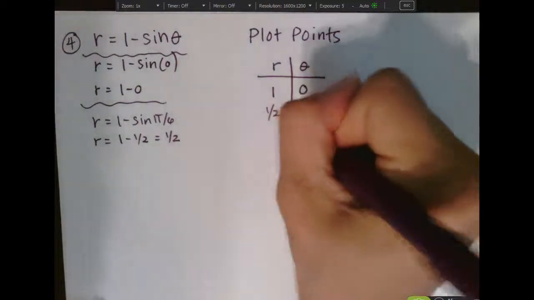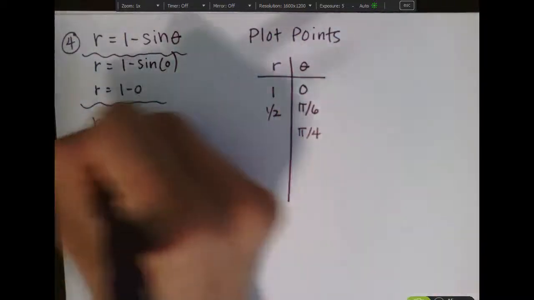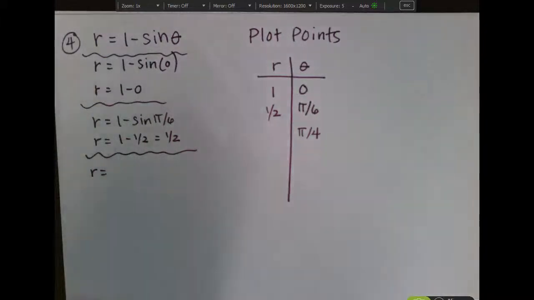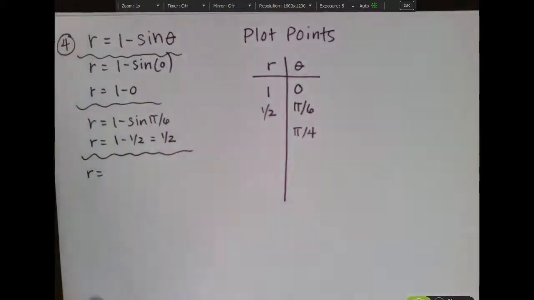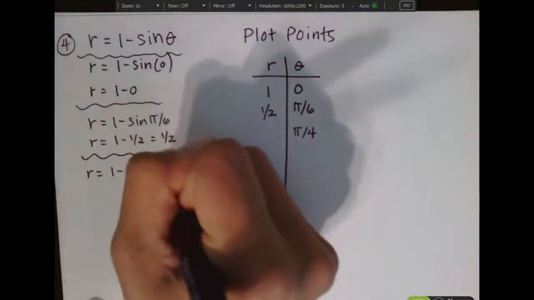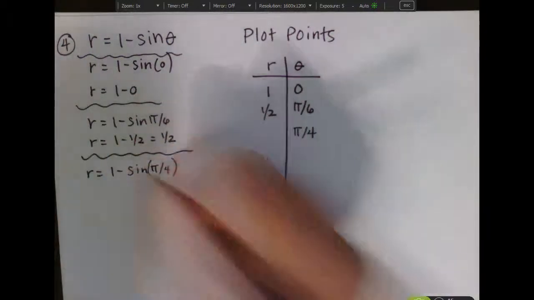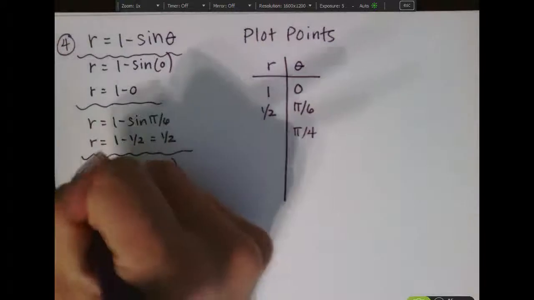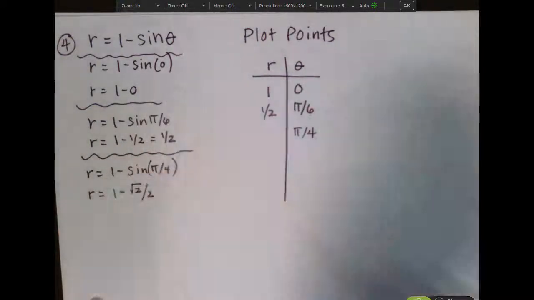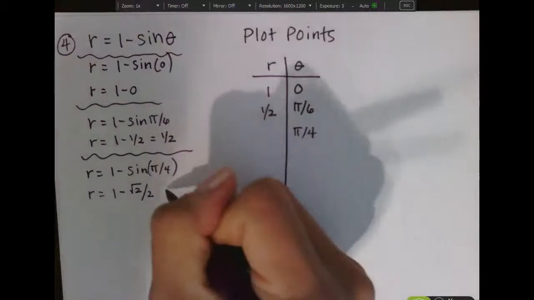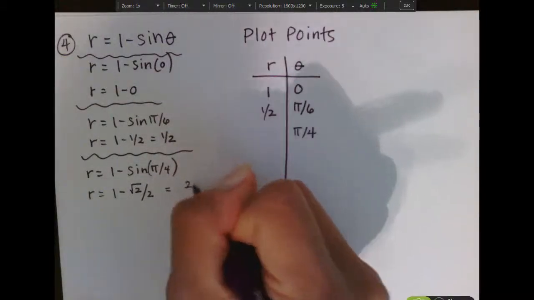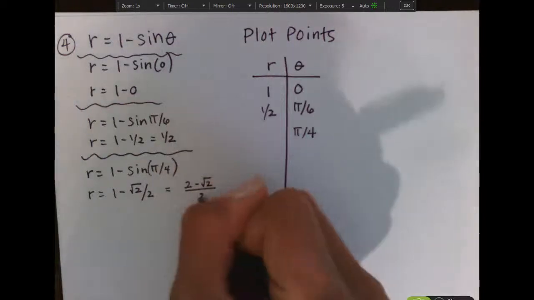And I could continue and do many different theta values until I could plot enough points to see what the graph would look like. Sine of pi over 4 is going to be the square root of 2 over 2. So 1 minus the square root of 2 over 2 is going to be (2 minus the square root of 2) over 2.